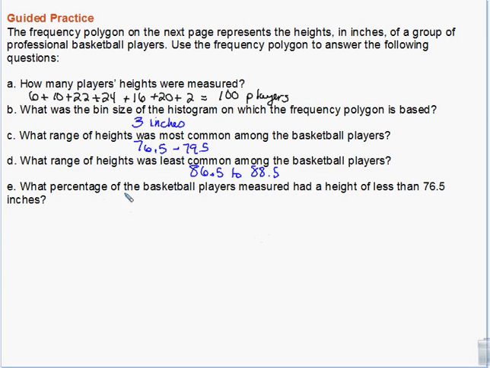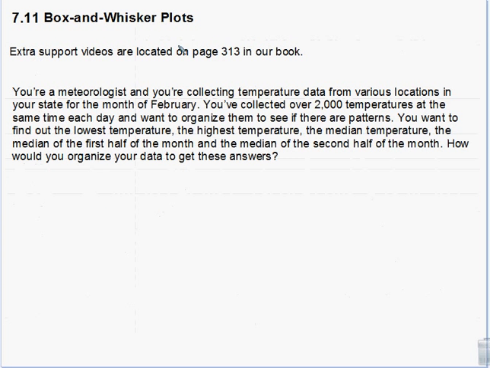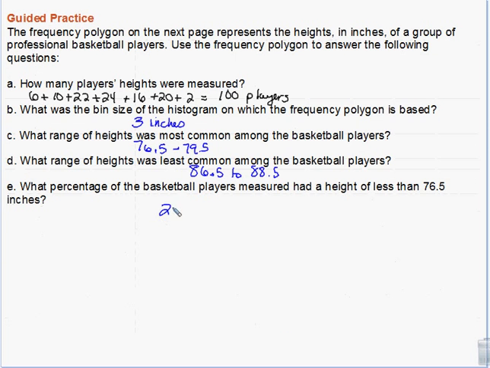All right, which percentage of the basketball players had a height of less than 76.5? I keep going the wrong direction. Okay, here's 76.5. So I have 22 plus 10 plus 6. I can't seem to go in the right direction. So that's 38 out of 100.